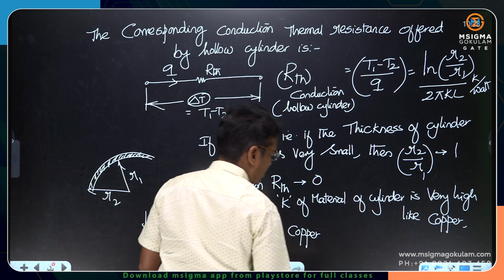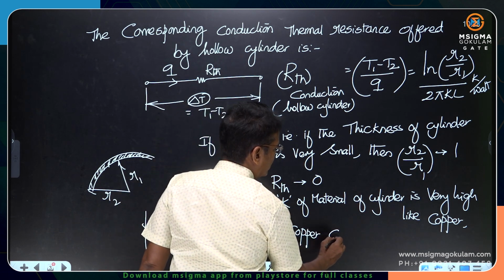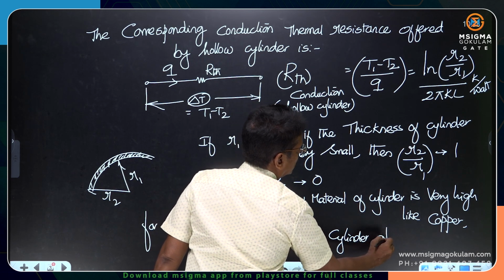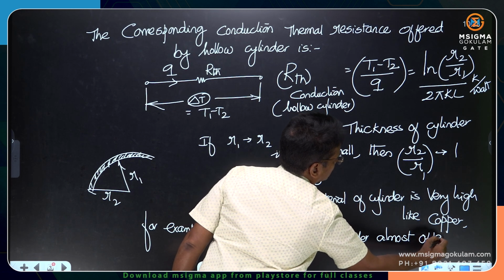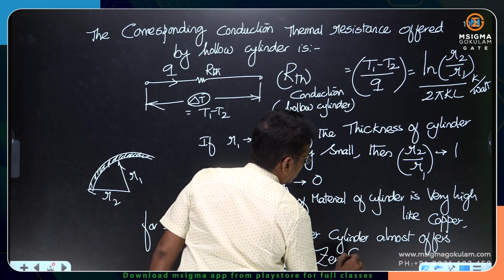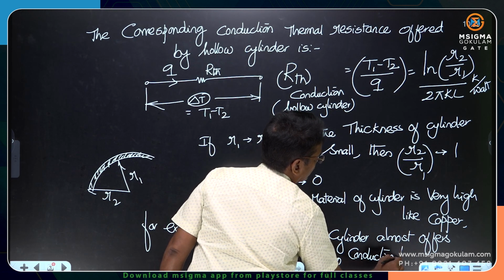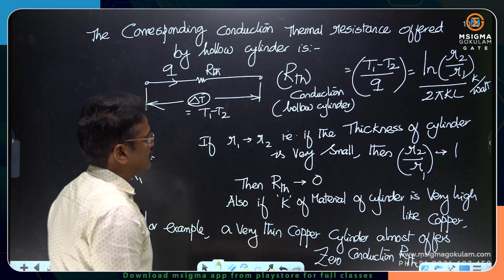Copper has a very good thermal conductivity, 385 watt per meter Kelvin. A very thin copper cylinder almost offers 0 conduction thermal resistance.